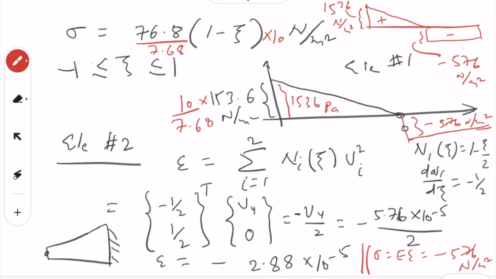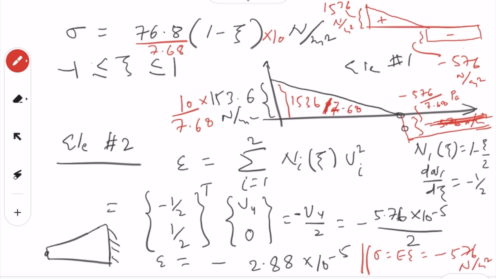So make it like 7.68, and here also, let's cut this one like this one, and this will be minus 576 over 7.68 Pascal.